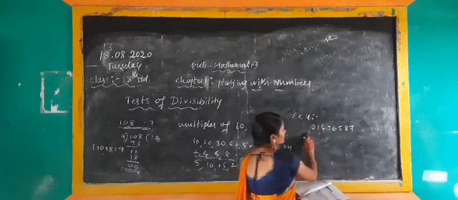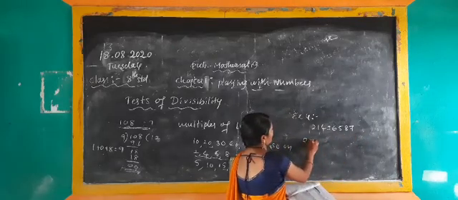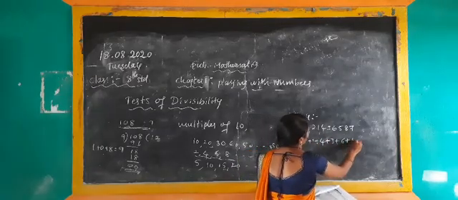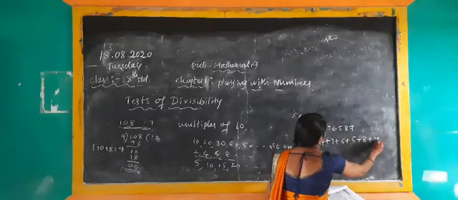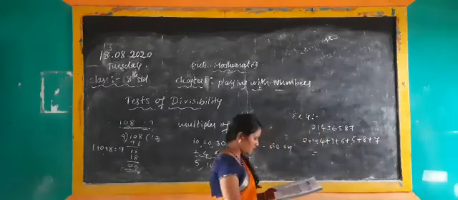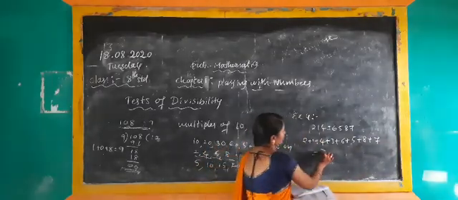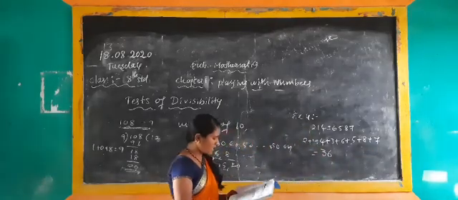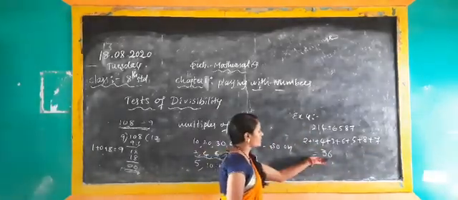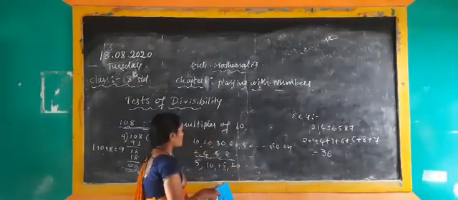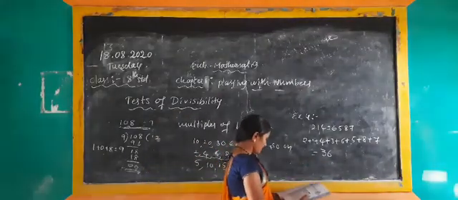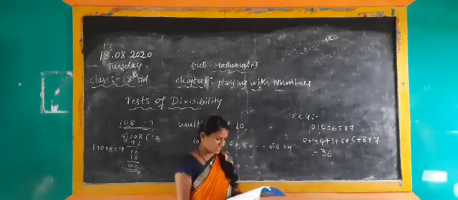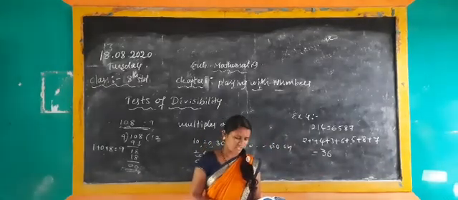You just have to add these numbers: 2 plus 1 plus 4 plus 3 plus 6 plus 5 plus 8 plus 7. Total how much will you get? The total should be 36. Is 36 divisible by 9 or not? Yes or no? 9 fours are 36. If you divide, you will also get the same answer.